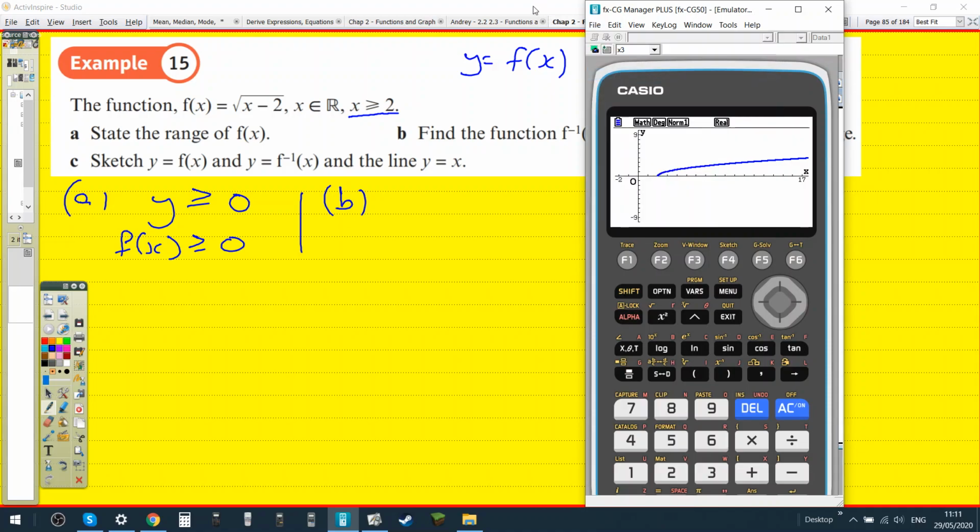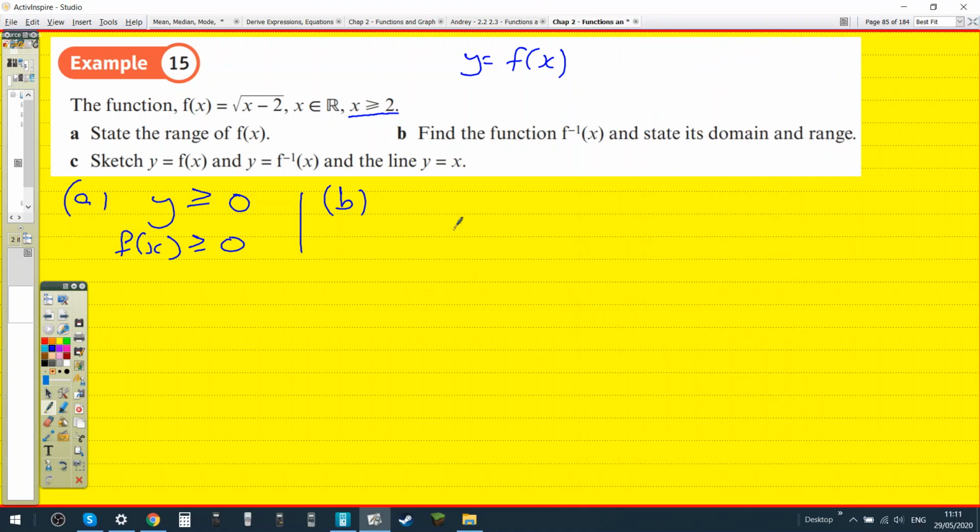I just need to find the inverse function of square root x minus 2.